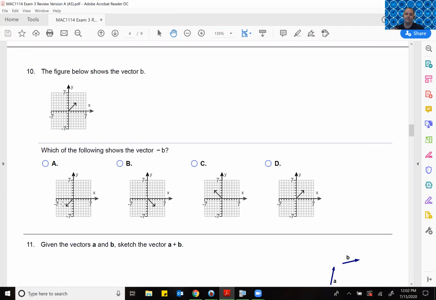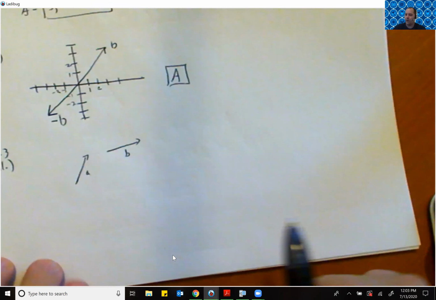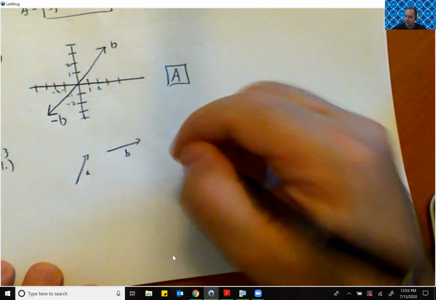So the next few questions, all they want you to do is take this vector A and this vector B, and add them. Okay? So let's talk about that, because there are two ways that you can add these. So let me show you. One way, and we're looking at A plus B because that's important, is to draw the first vector, which is A. Yeah, it should be more up, but that's all right.